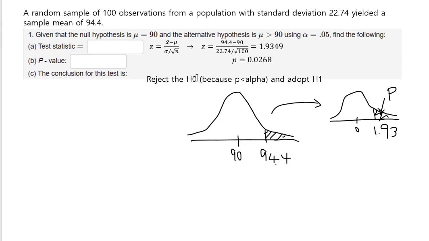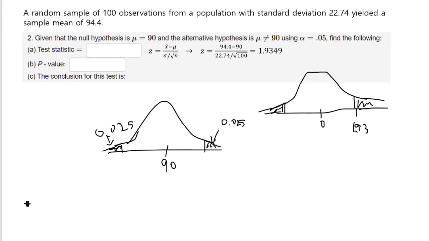We're rejecting H0 because the p-value is less than the alpha value, which is the significance level, and we adopt H1. Now, on the other hand, if you go to the two-tailed test, the test statistic is still the same because nothing else changed. But when you take the p-value, it would have to be two-tailed. Here's how you think.